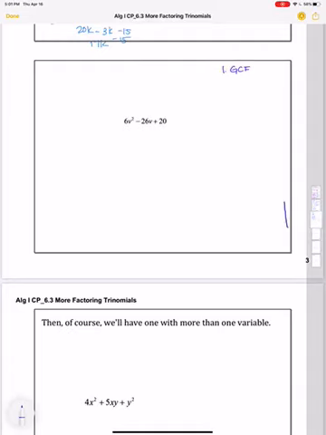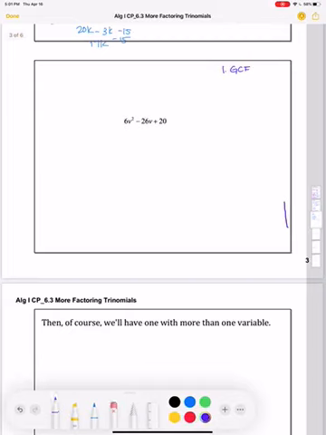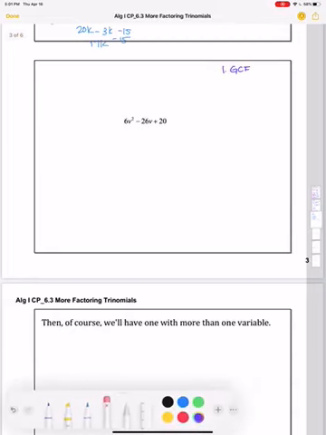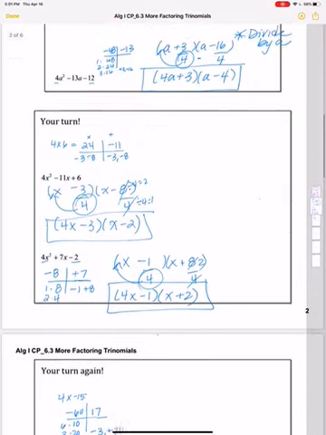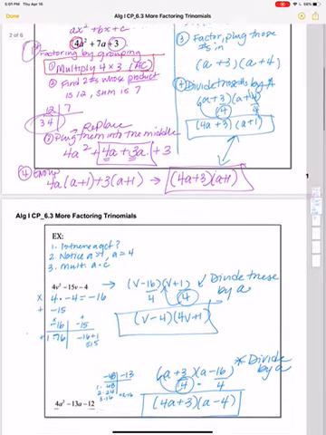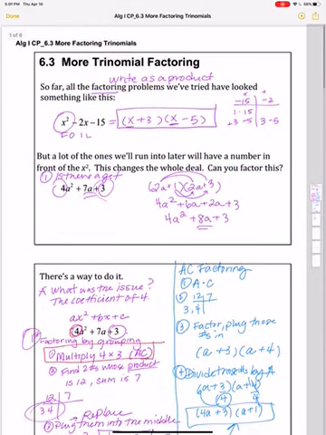Before the break, we learned how to factor these trinomials where a was bigger than 1. So we've learned the GCF, we've learned grouping, we've learned just your basic trinomial, which was something like this, x squared minus 2x minus 15.